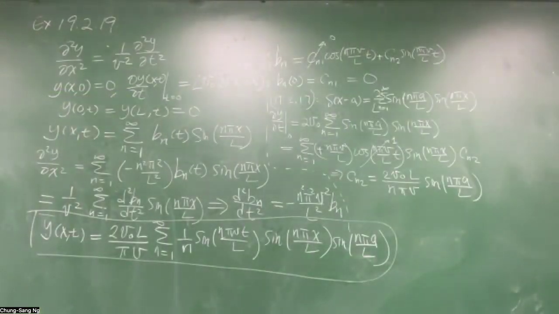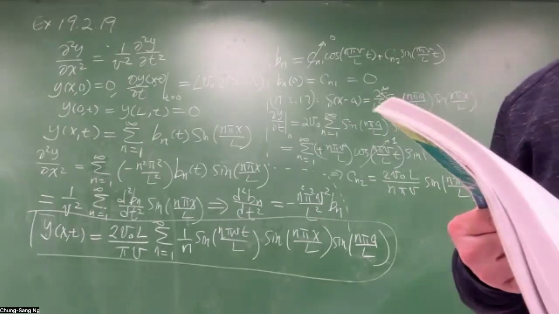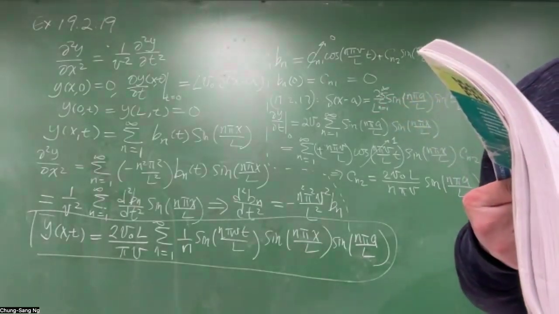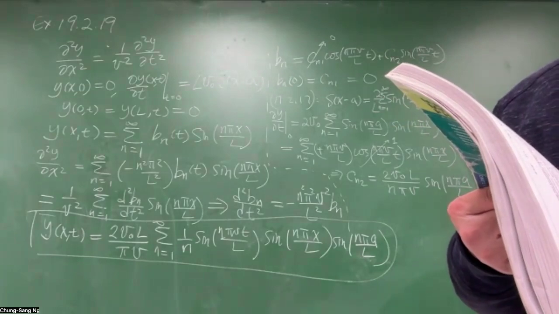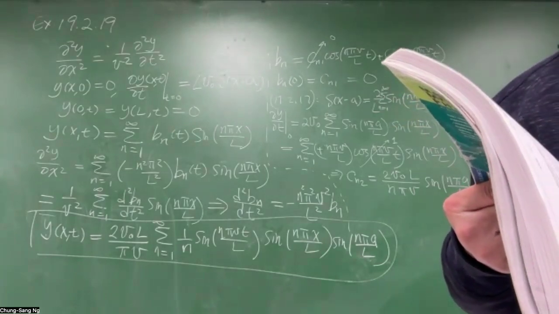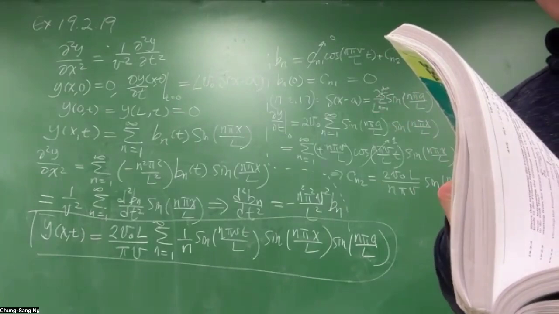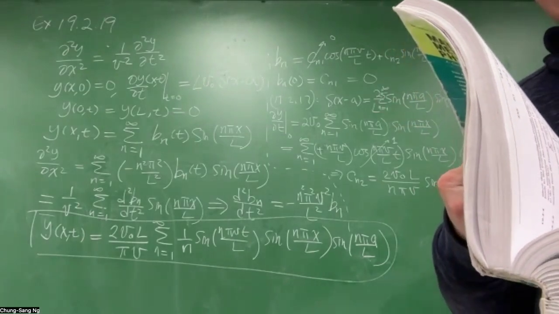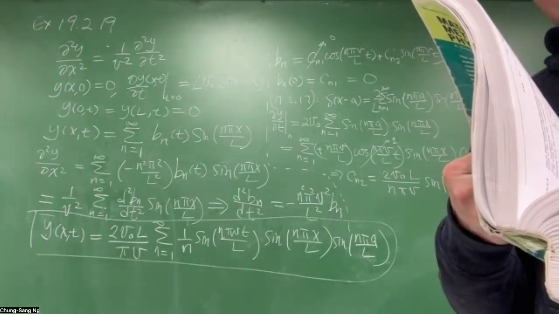So 19.212 is deriving extension. This should be straightforward, right? Which part are you having problem with? You have problem with all three parts, or which part?